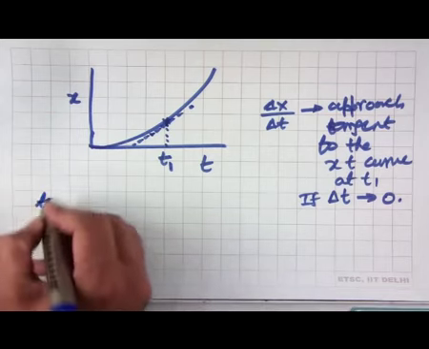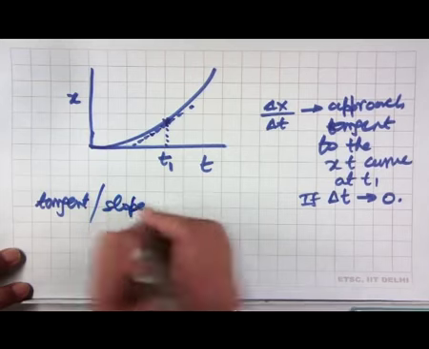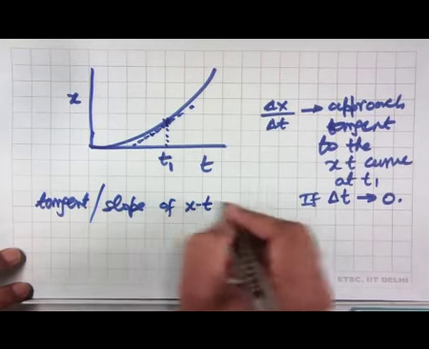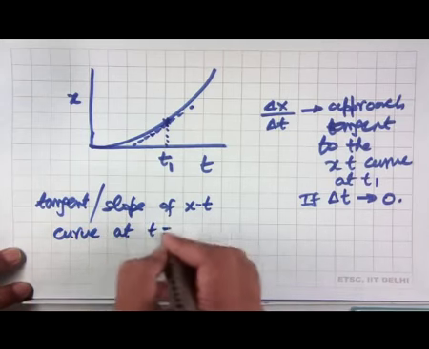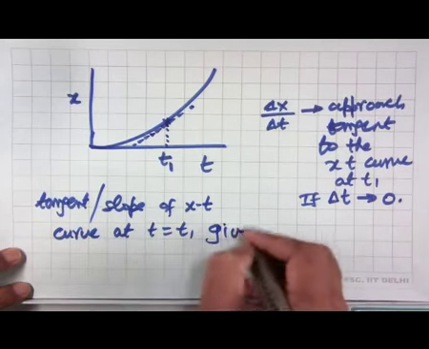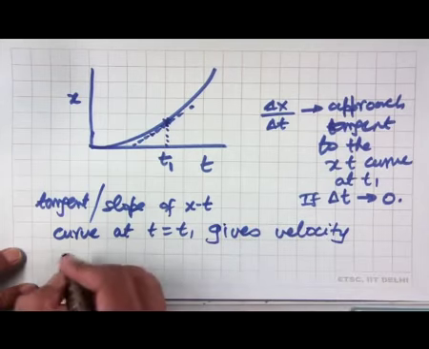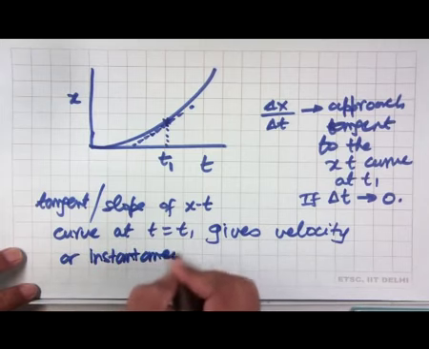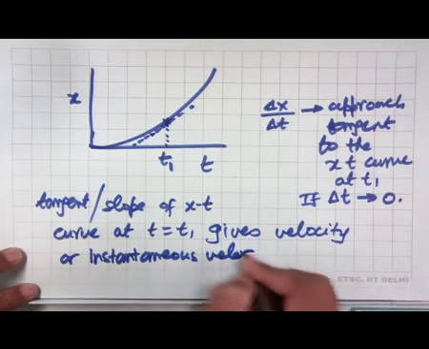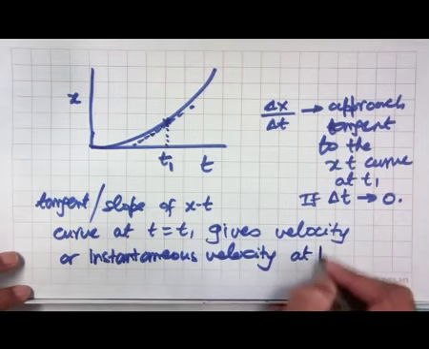So, the tangent or slope of the xt curve at t equal to t1 gives the velocity. In fact, once we have defined instantaneous velocity, in later discourses we will remove the word instantaneous. That is why it is called the velocity at t equal to t1.